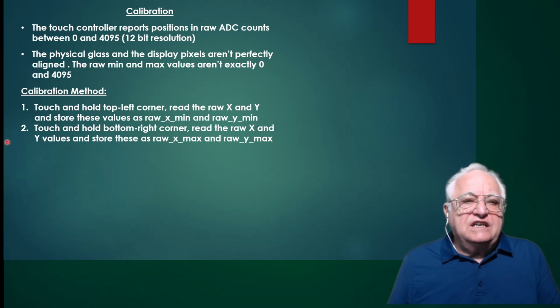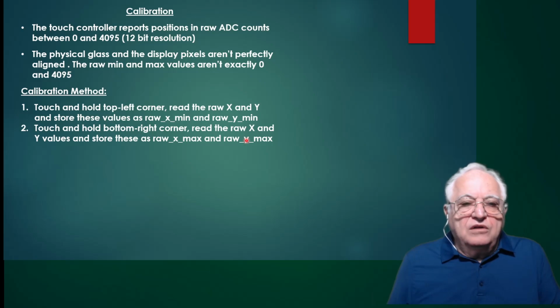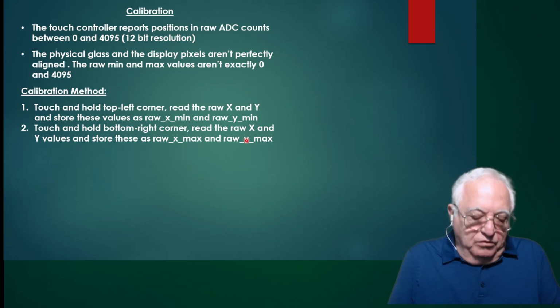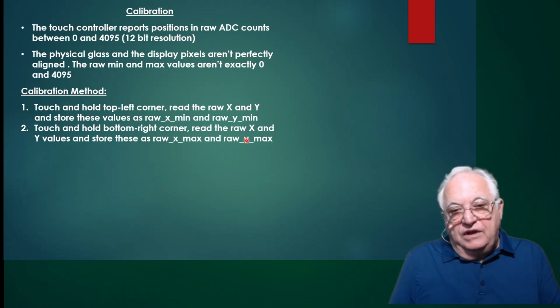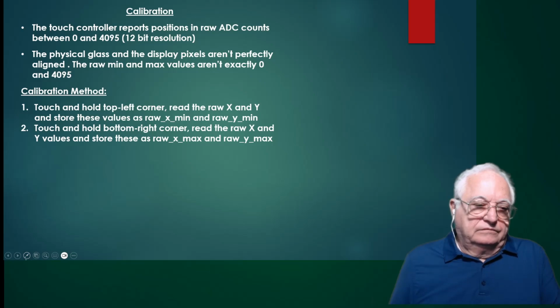Next, touch and hold the bottom right corner, read the X, Y values, and store them in raw X max and raw Y max. So if I go to the bottom right corner, I would expect to get the maximum value in the display, which would be 240 by 320, but I don't know what's going to be on the touch screen, so I'm going to get those values.